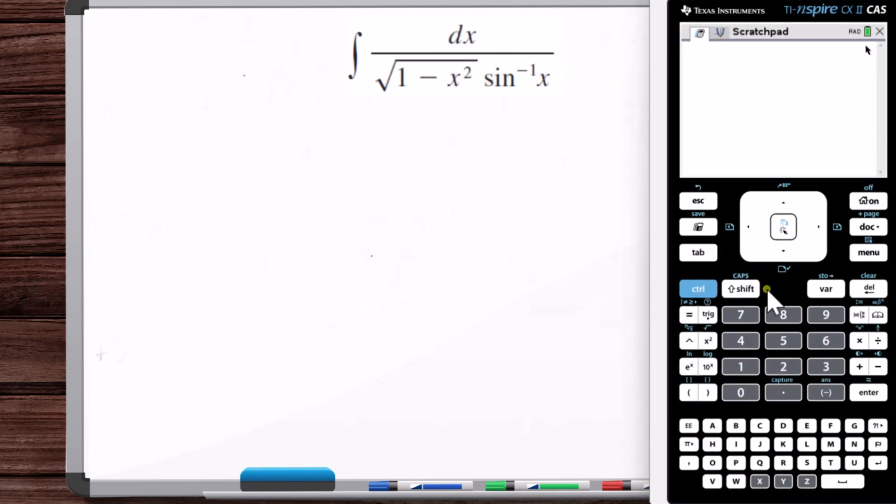Okay, so what is the, let's see, the derivative of inverse sine. There you go.